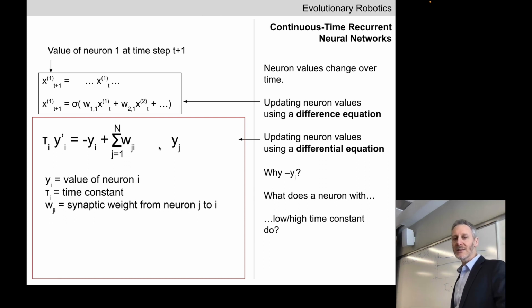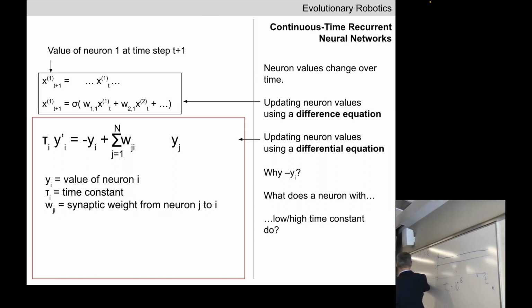So what is this summation term representing? We've kind of seen this in visual form before when we've drawn neural networks. The dot product, yeah, which is computing the influence of all incoming synapses to, in this case, the ith neuron.